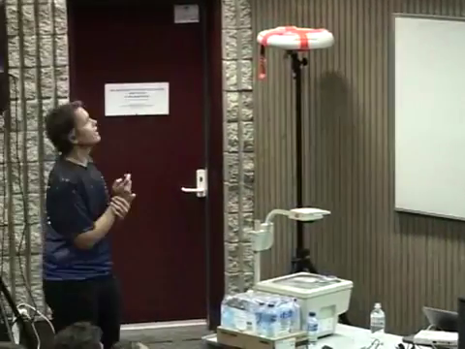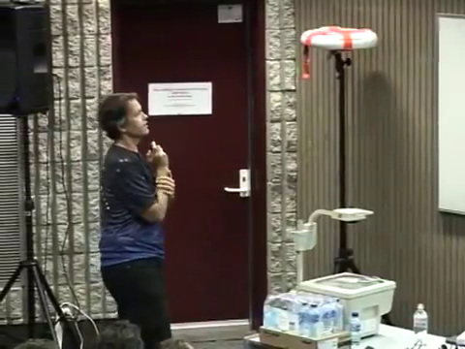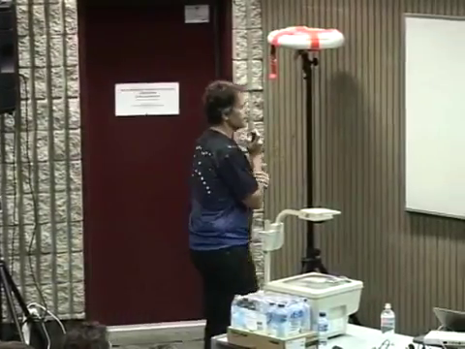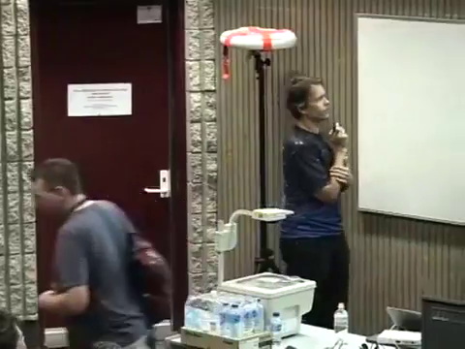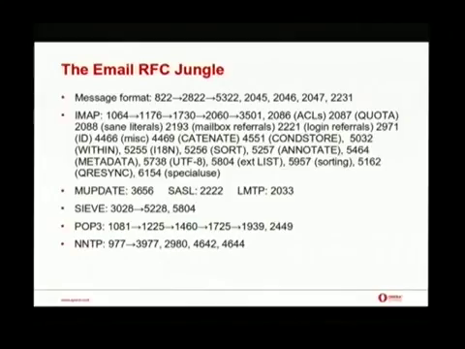All these things were glints in the eyes of various standards committees when this stuff was written. And thirdly, the actual domain that we work on is a maze of twisty little RFCs, some of which, and IMAP is my particular favourite, are enormously funky. And how funky? That's the email RFC.